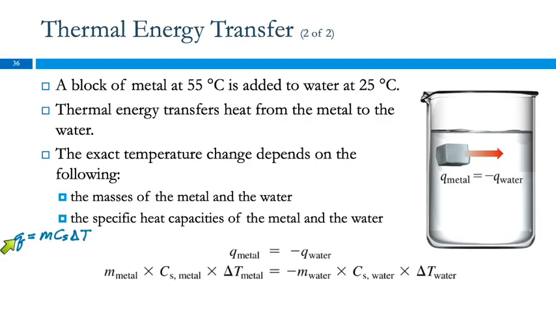So Q for the metal is going to be the mass of the metal times the specific heat capacity of the metal times the change in temperature for the metal. So here for Q metal, I just substituted the rest of the equation. Over here for Q water, if we just ignore this minus sign for a minute, just cover that up, Q water is the mass, the specific heat capacity, and the change in temperature of the water.